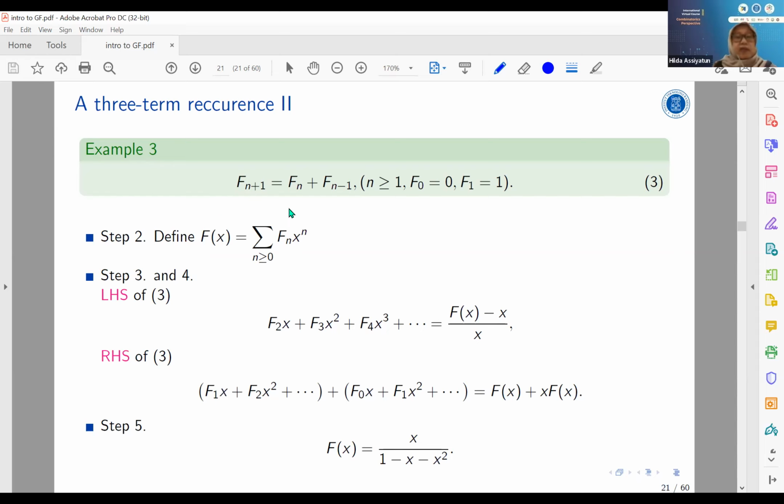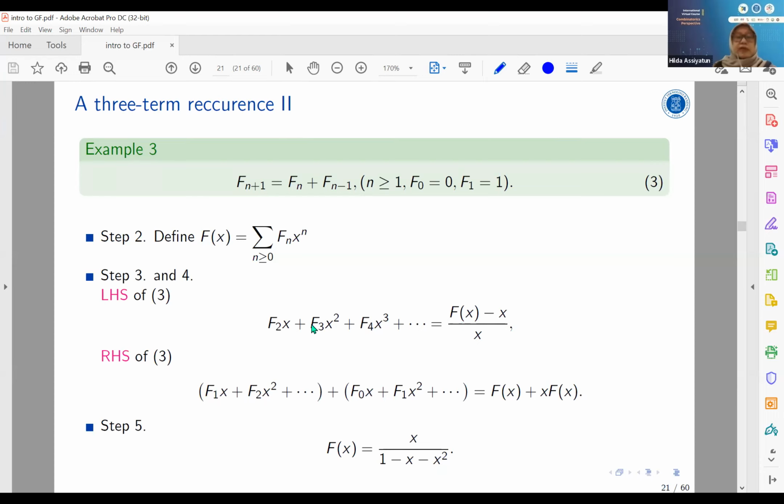And then again, we multiply both sides by x^n, and then sum over the value of n in the recurrence formula. If we look at the left hand side, we have F2 x plus F3 x squared plus F4 x cubed and so on, starting with n equals 1, and this would be equal to this one, right?